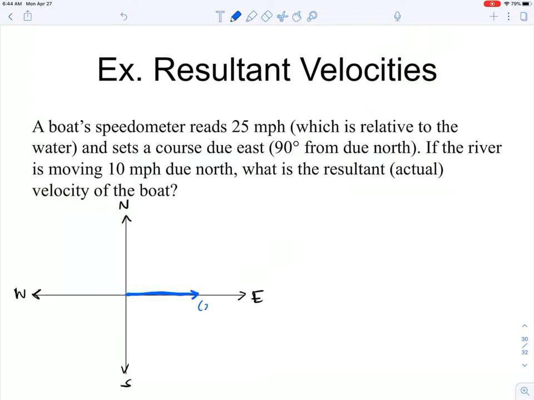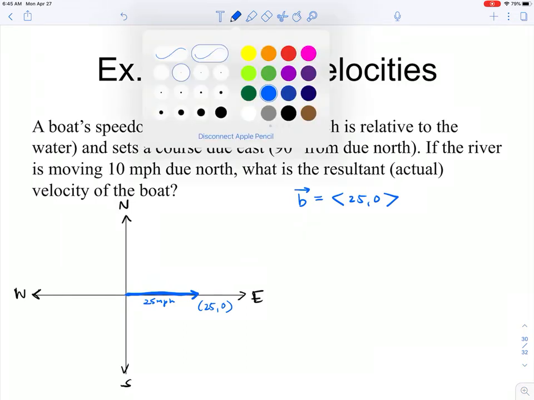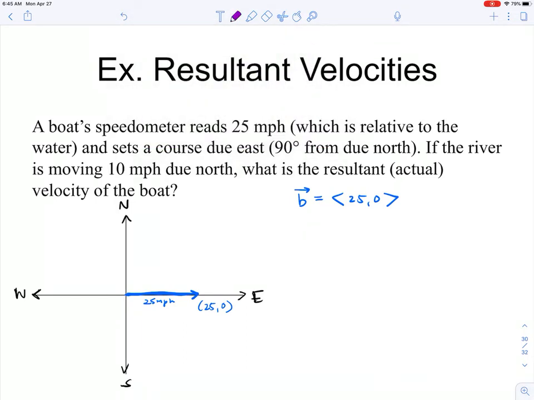So if the magnitude of that vector is 25 miles per hour, that means that this vector would terminate at the point 25, 0, right? Since this is 25 miles per hour. I'm going to represent the boat's velocity as a vector in component form, which would be 25, 0.